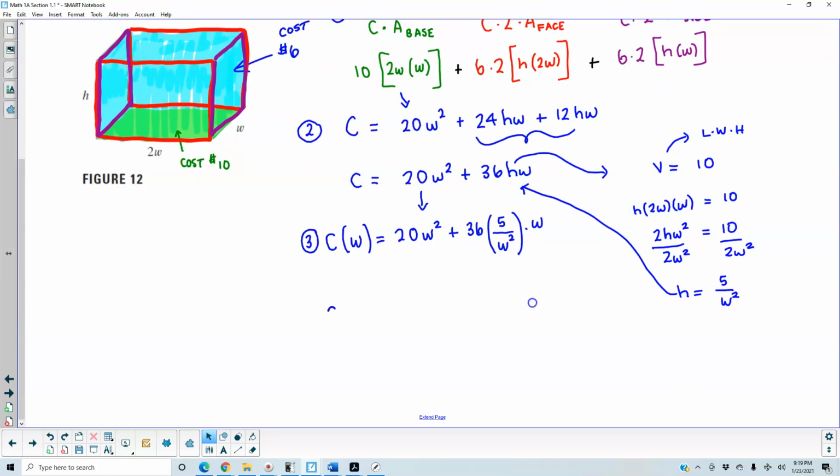If we go a little further, C of W is equal to 20w squared plus, since 36 times 5 gives us 180, and we simplify one of the w's, 180 over w.